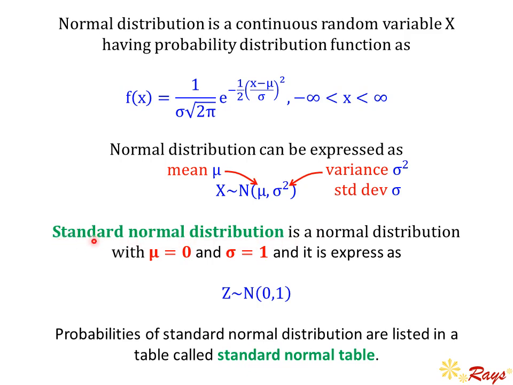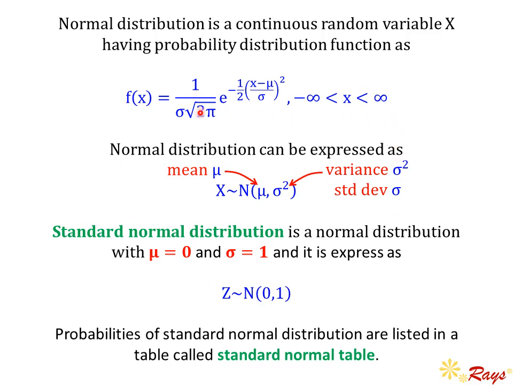For standard normal distribution, mean must be 0 and variance or standard deviation must be 1. So standard normal distribution can be expressed as Z, and Z is reserved only for standard normal distribution. Z is a normal distribution with mean 0 and variance 1.